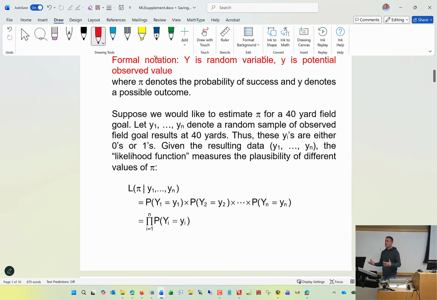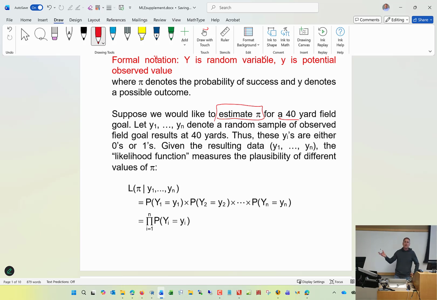probabilities associated with making or missing a field goal, success or failure of a field goal, I should say. And let's say that we want to somehow estimate this parameter pi, this probability of success parameter, for, let's say, 40-yard field goals.